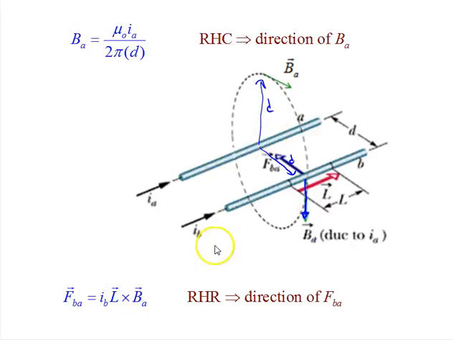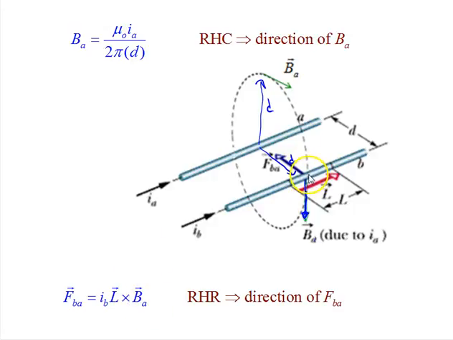The force then on wire B depends upon its magnetic properties, and the magnetic properties at wire B have to do with the current flowing through the wire. So we can use our force IL cross B rule to determine that force.